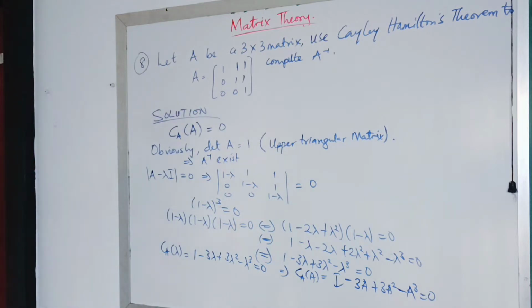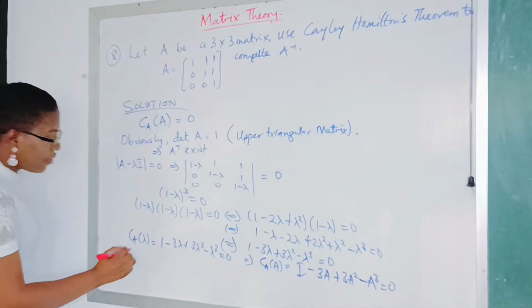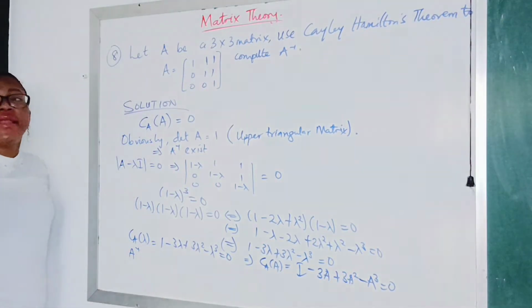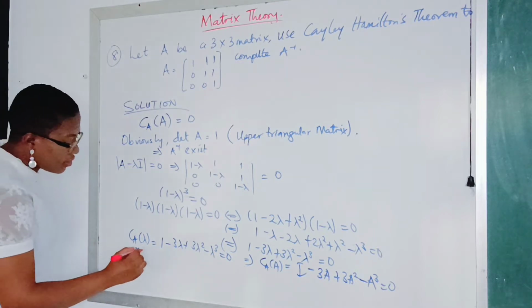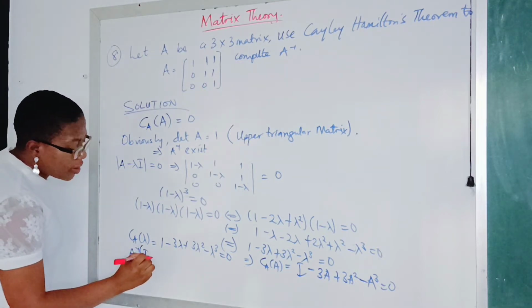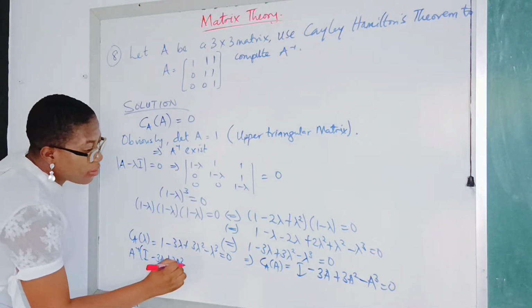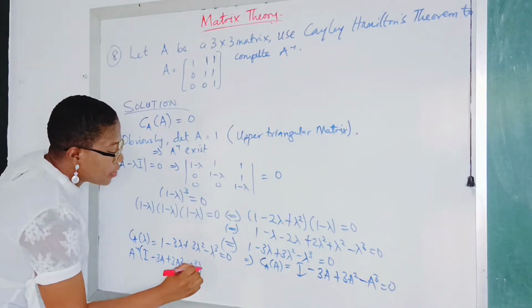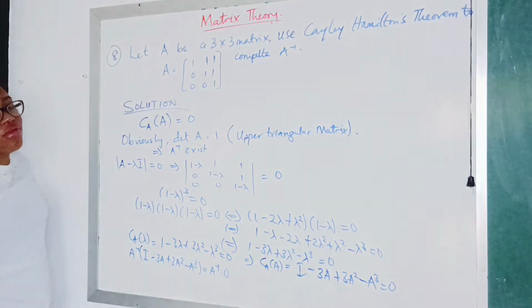I know A inverse exists. So I multiply by A inverse from the left hand side on both sides. I have A inverse times I minus 3A plus 3A squared minus A cubed equals A inverse times 0. This is the zero matrix, not just 0.